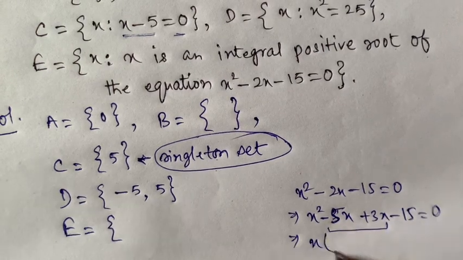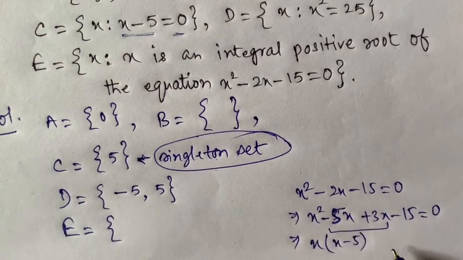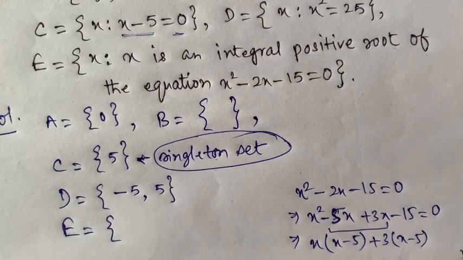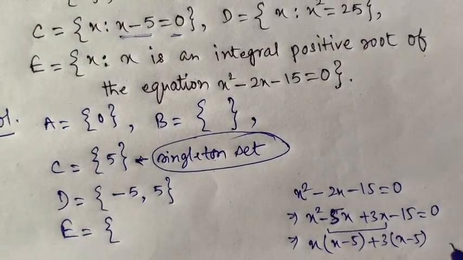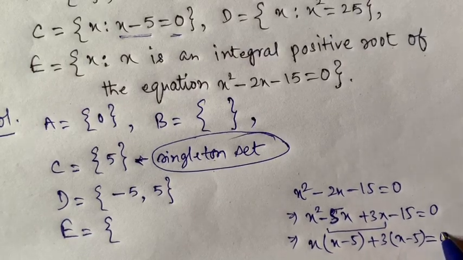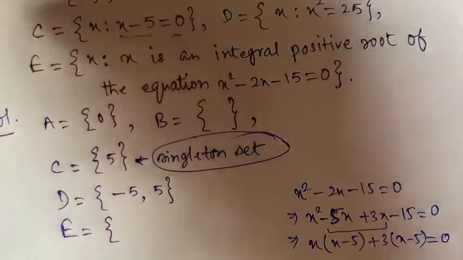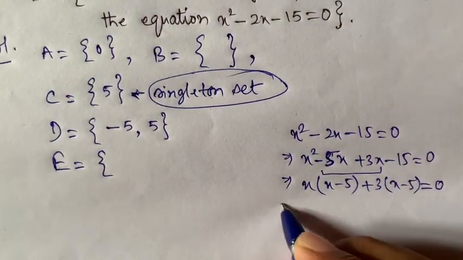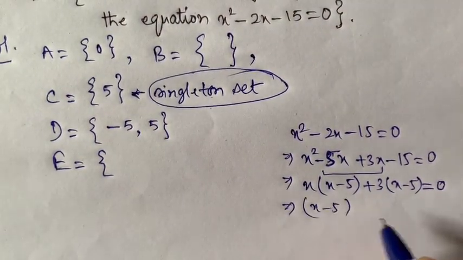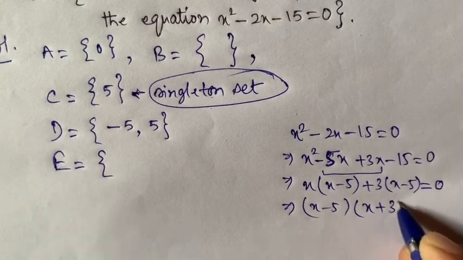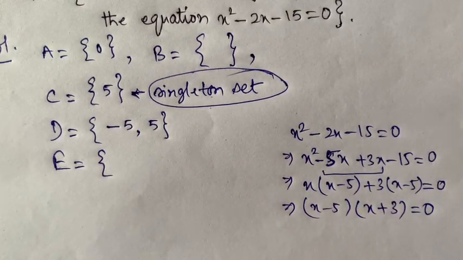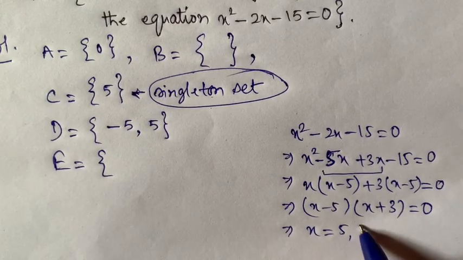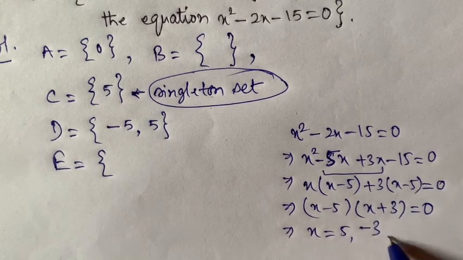So we have x common from the first two terms, then we have 3 as common from the next two terms, and it is equal to 0. So we have x minus 5 as one factor, x plus 3 as another factor, and when we equate them it is 5 and minus 3 will be there.